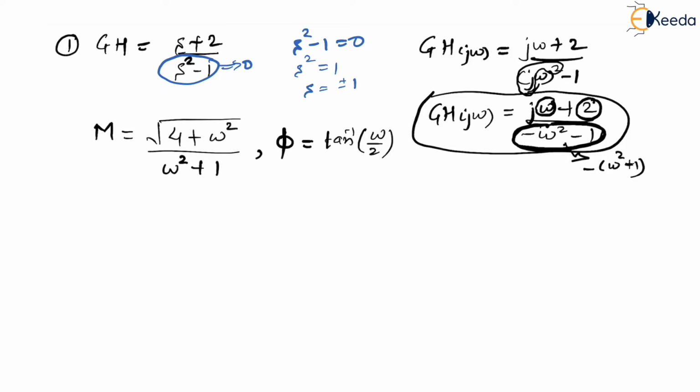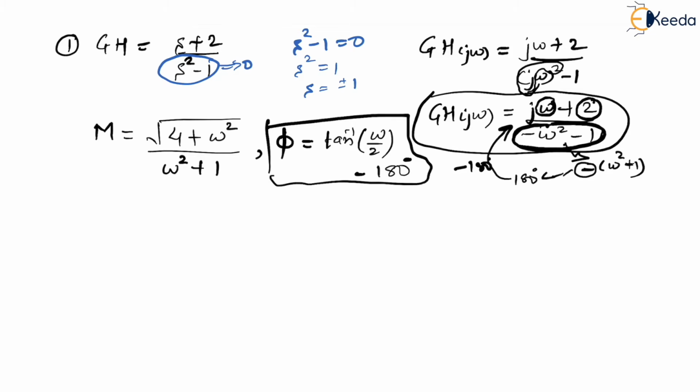This minus sign indicates 180 degrees. If that 180 degrees goes in the numerator, you get minus 180 degrees. So here it is minus tan inverse of omega by 2 minus 180 degrees. This is the phase phi, and this is magnitude M.